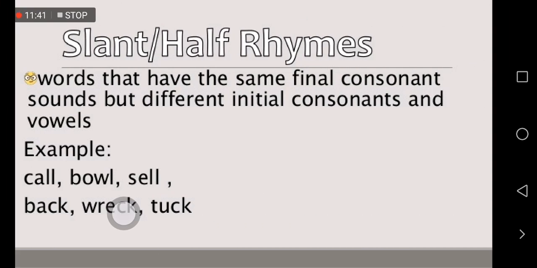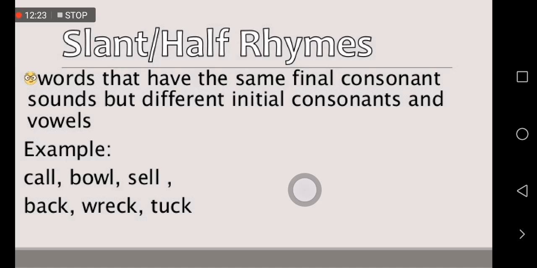Then we have slant or half rhymes. तो ये क्या होती हैं? Words that have the same final consonant sounds but different initial consonants and vowels. Example: call, bowl, sell. So if you see, words that have the same final consonant sounds, यहाँ कॉल जो है एल पे ख़त्म होता है, बोल एल पे ख़त्म होता है, सेल एल पे ख़त्म होता है, लेकिन they do not rhyme perfectly with each other. These are half rhymes. Back, wreck, tuck, although they end at k but they don't have the same sounds.